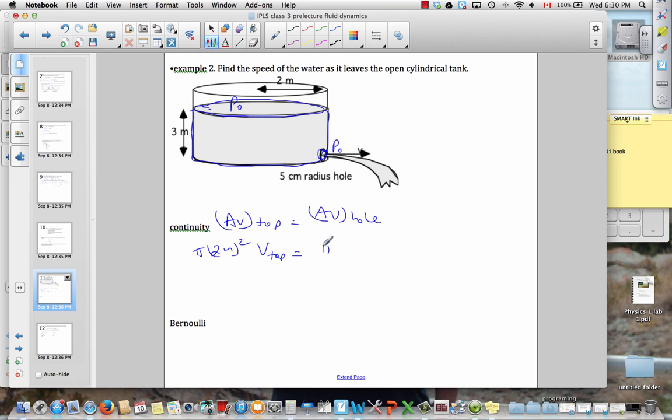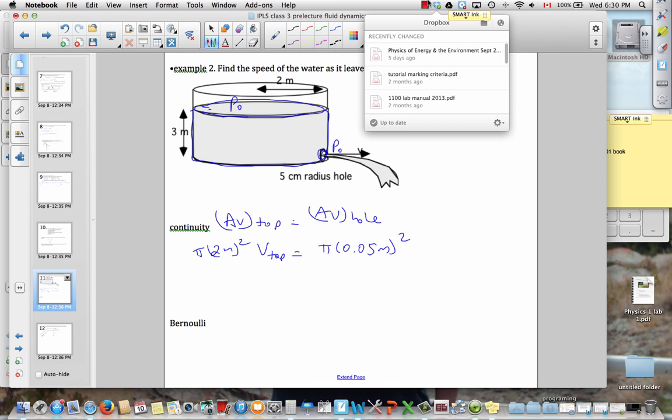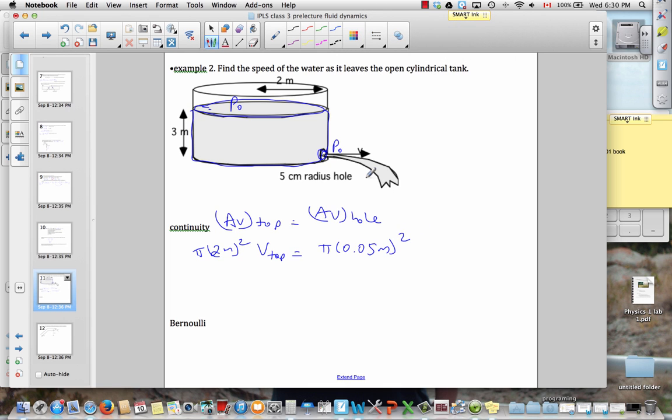That will equal pi times 0.05 meters squared times the speed at the hole. Now, the pi is going to cancel, but we notice here that the speed at the top is an unknown, and so is the speed at the hole. So we would typically have two unknowns in this equation now, and it wouldn't be solvable.